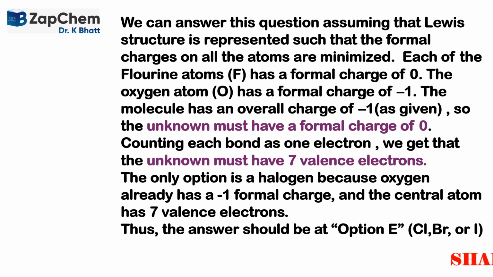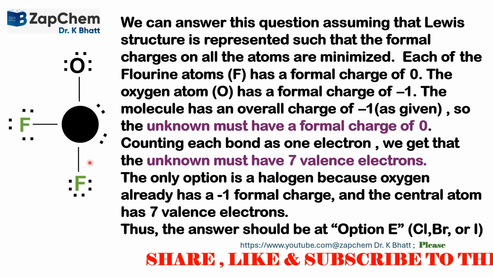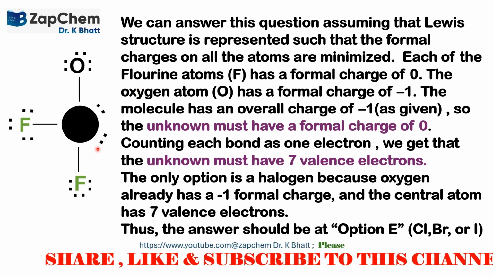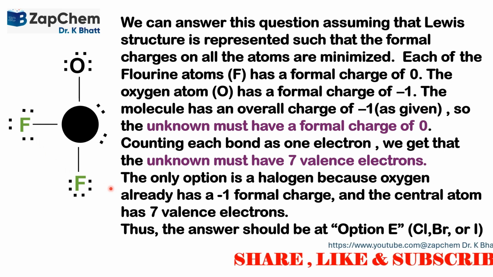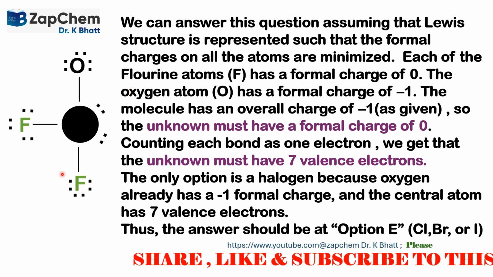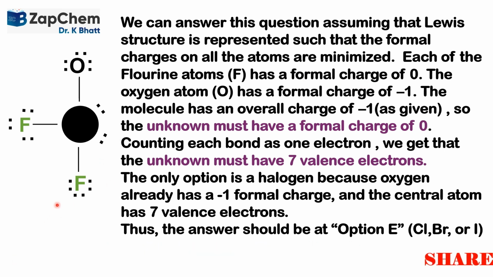Now, we can definitely answer this question, assuming that the Lewis structure is represented such that the formal charge on all the atoms is minimized. Minimized means it may be 0 even. If you look at the fluorine atom, the fluorine has a formal charge of 0. The 2 fluorine atoms have 0 formal charge.